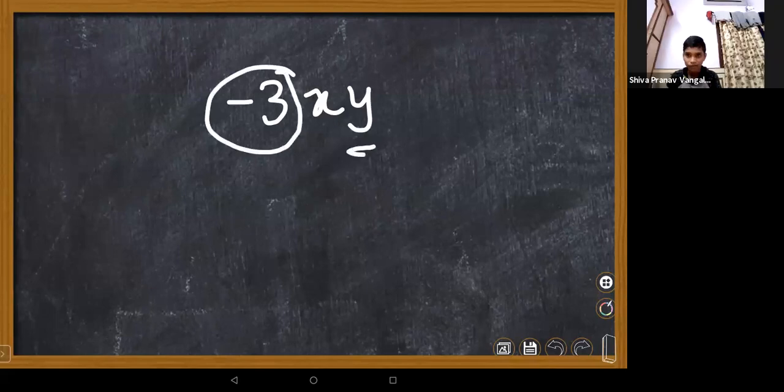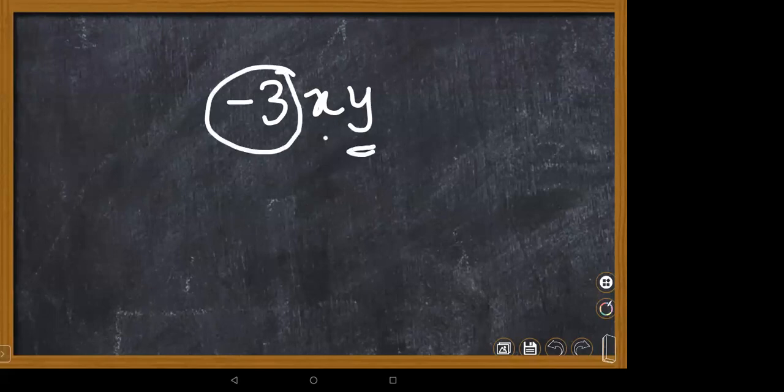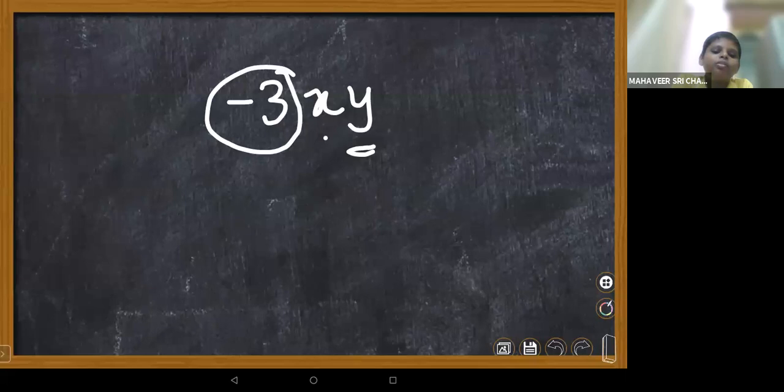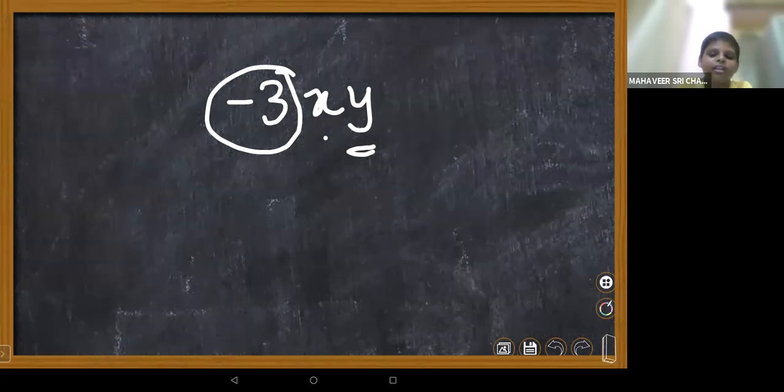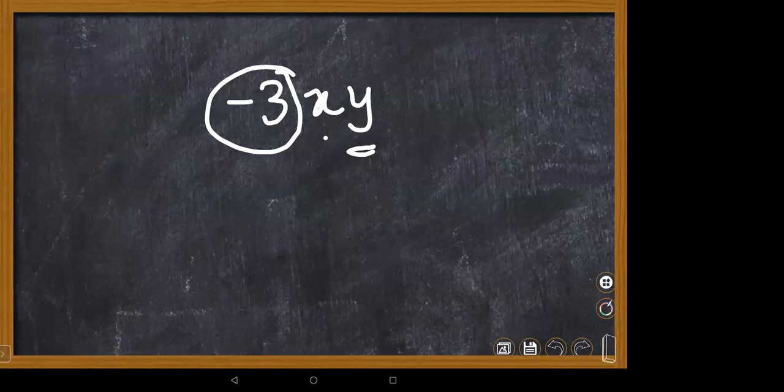They will ask the coefficient of either y or x, and they will specifically mention it. Ma'am, if they ask the numerical coefficient of 5, then it will be minus 3 only, right? Exactly, because it is a multiple of both, right?